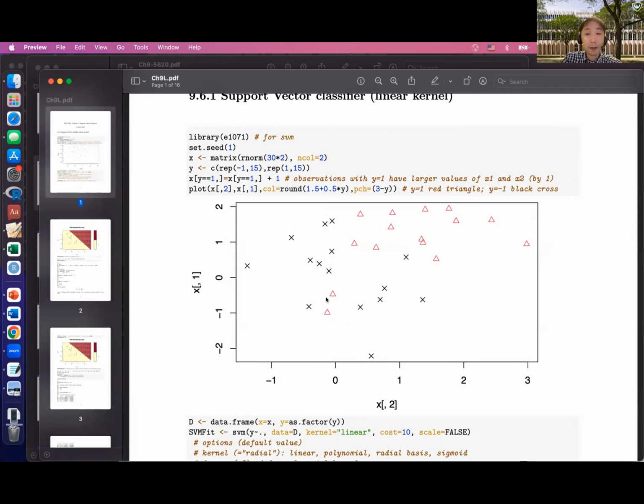So these red triangles, their x1 values and x2 values are both larger by 1 compared to the black crosses. I artificially add the (1, 1) vector to each point. That's why the red triangles are on the upper right side, and the black crosses are just centered at 0.